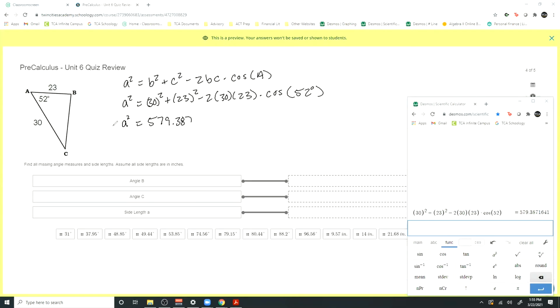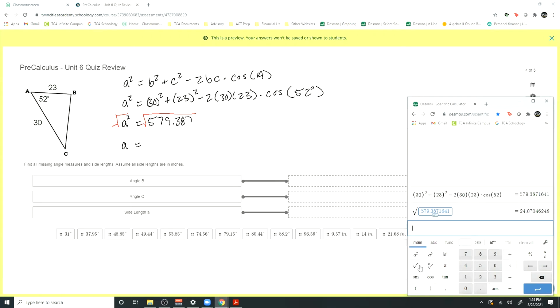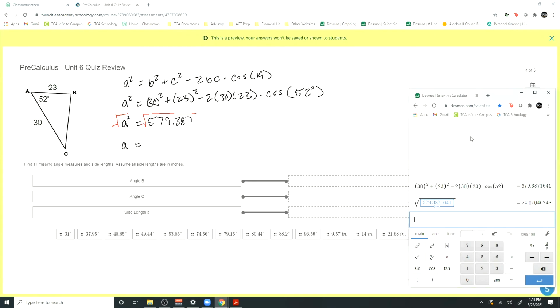And of course, take the square root because I don't want to solve for a squared. I want to solve for a. So in my calculator, I'll do the square root and then ANS to pull up my last answer. That'll be about 24.07 inches.